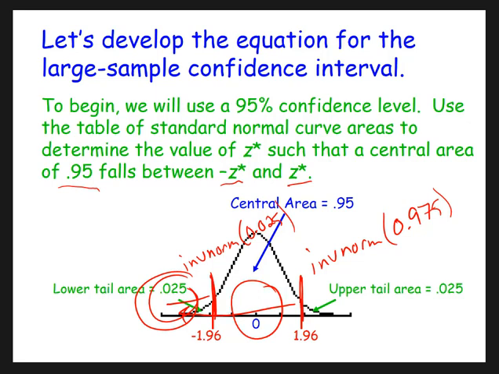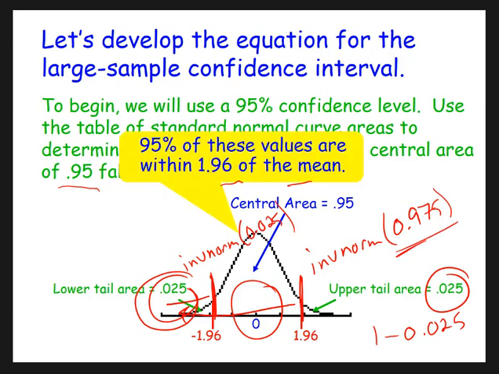Or you could look at the area to the left as 1 minus the area to the right, 1 minus the 0.025, giving us the 0.975. So 95% of the values will be between negative 1.96 and positive 1.96 as the z-scores.